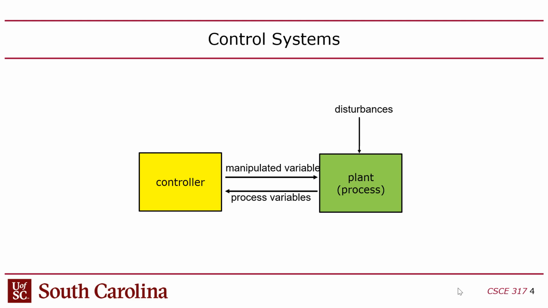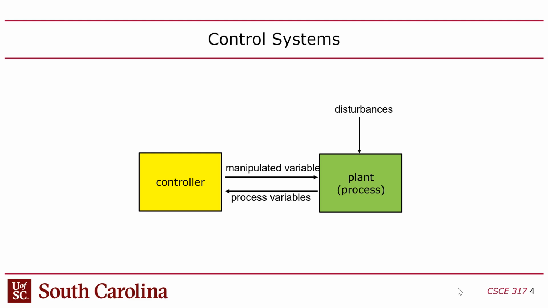The thing you're trying to control is a plant, and I think that term comes from manufacturing, the days of when you designed these controllers to control an actual manufacturing plant.